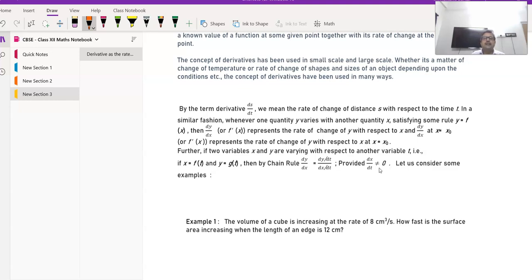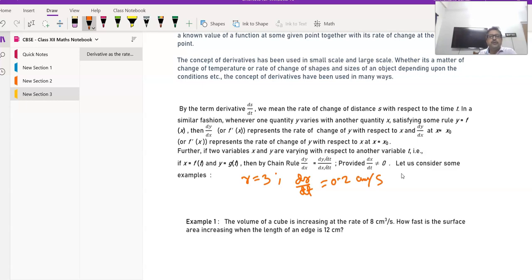If we consider the simplest example, suppose a problem is given in this manner: what is the change of area of a circle when its radius is given, say 3 centimeter, and the rate of change of radius with respect to time is given as 0.2 centimeter per second.